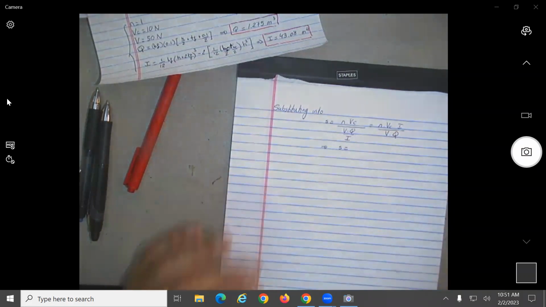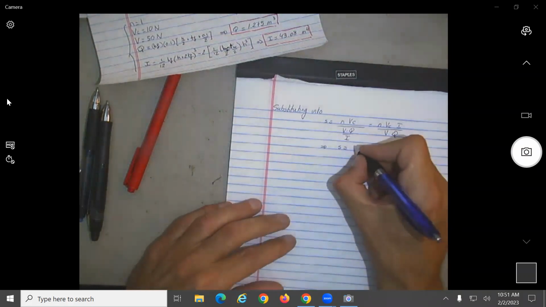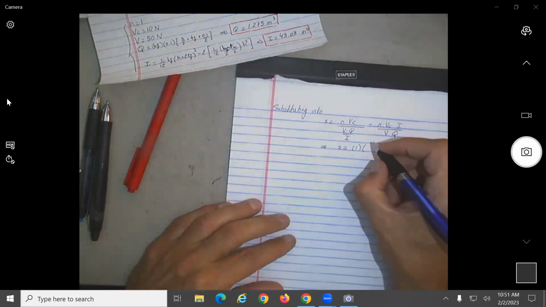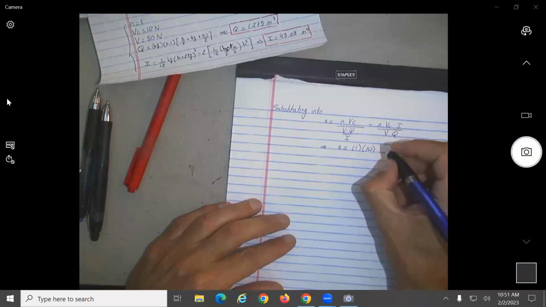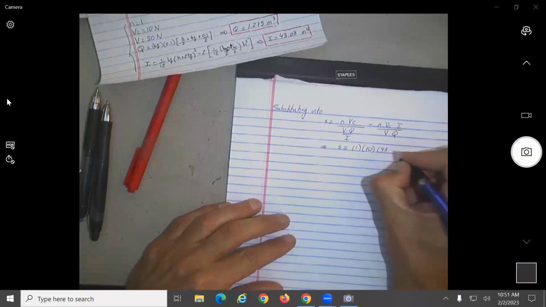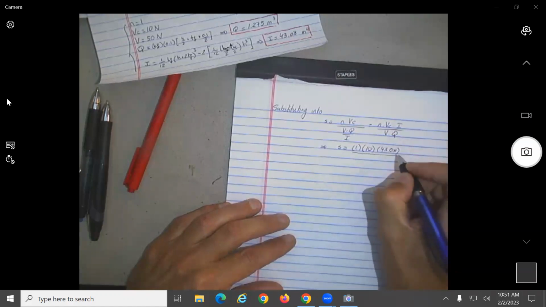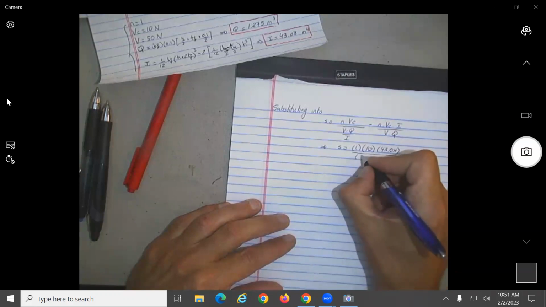What do we get for S? Nothing too crazy. All right, let's do what do we have? N. So 1 times, we said, times 10 times 43.08 divided by 50. That's 6.76 meters.